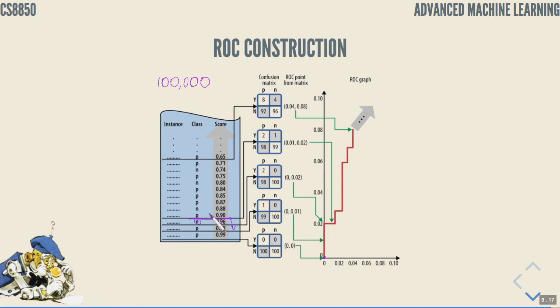Since this count is truly a discrete process, our curve is a stepwise function. It's not a smooth curve, although when we have 100,000, it does look like a smooth curve at the resolution that we're looking at it. So this curve characterizes all possible decisions for all possible thresholds that we could have made.